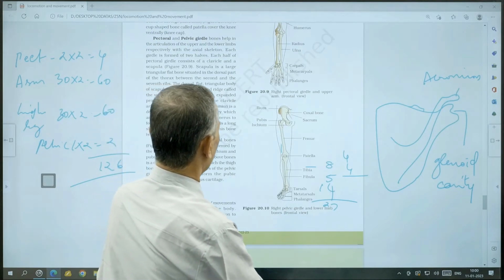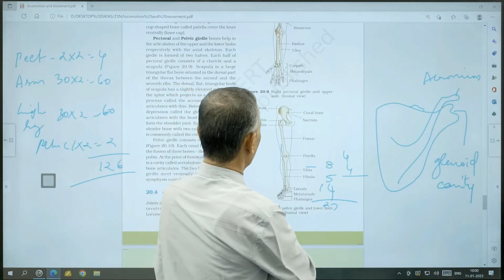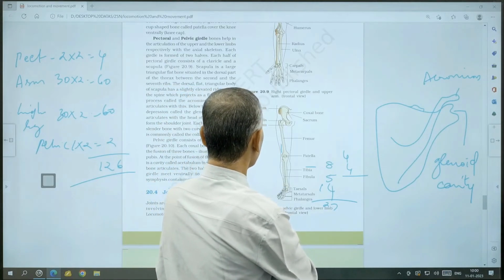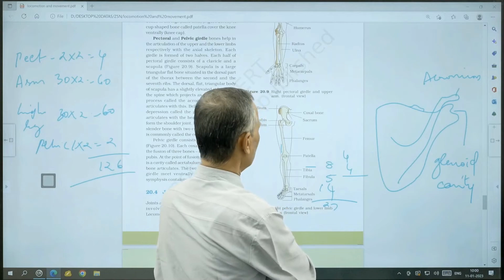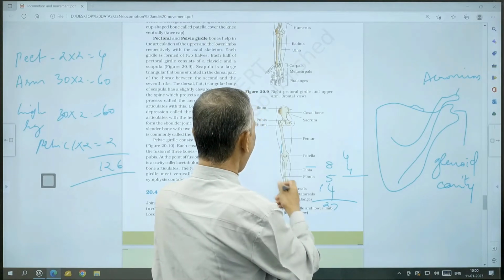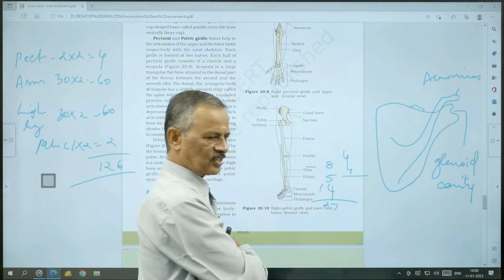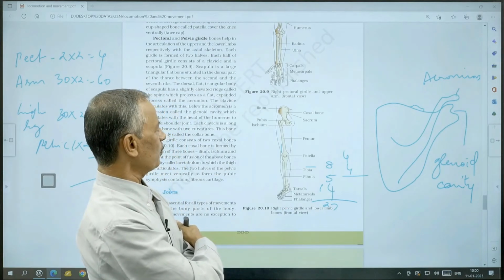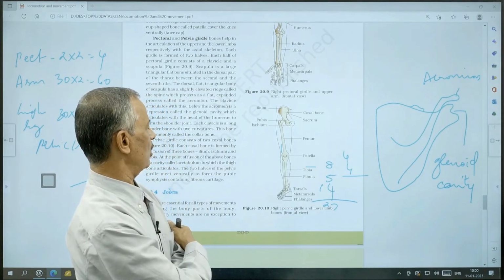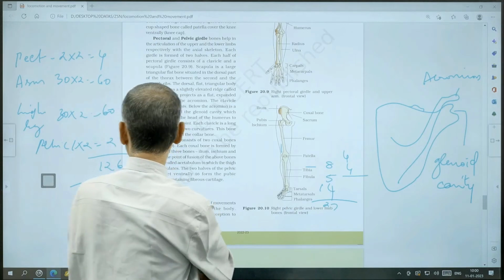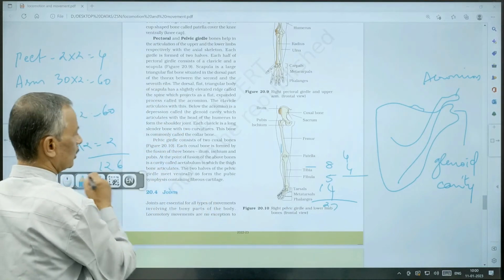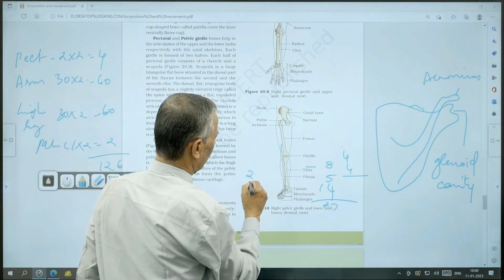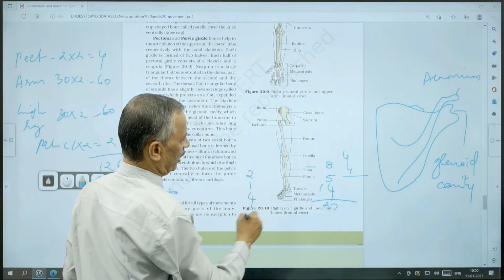Okay. Now, in the foot, we have three regions: ankle, foot, and toes. The ankle is called tarsus. That is supported by 7 tarsals. These 7 tarsals are arranged in a 2 plus 1 plus 4 arrangement.